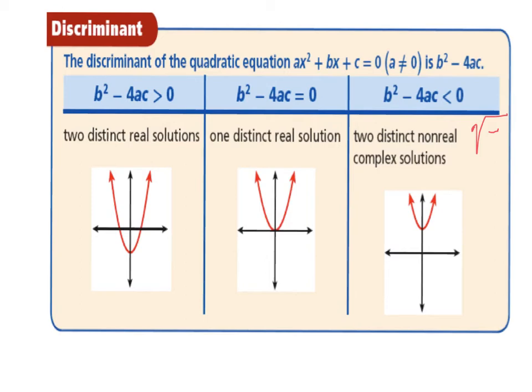But there are solutions, and these solutions are called complex solutions. The graph is going to be up here like this. It doesn't come down and cross the x-axis. So you will have two distinct non-real complex solutions. And we're going to learn more about these complex solutions in the next day or so.